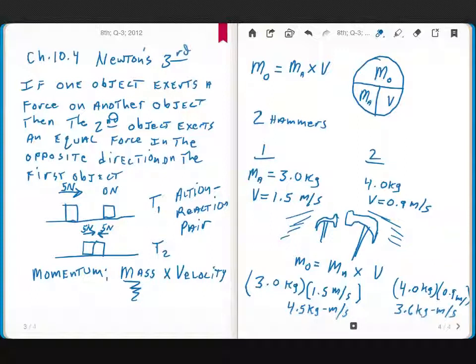So in actuality, the smaller sledgehammer, because it has more force behind it, is going to exert a larger force on the bigger hammer. And the overall motion is going to go in this direction, towards the direction of the small hammer. Okay.